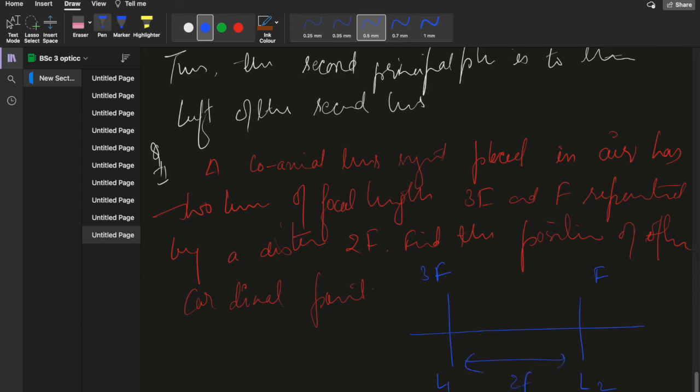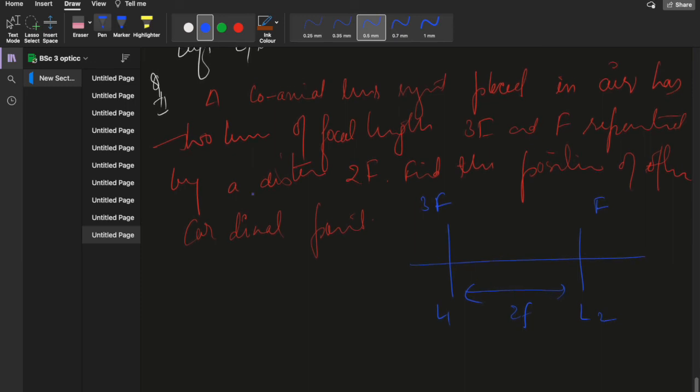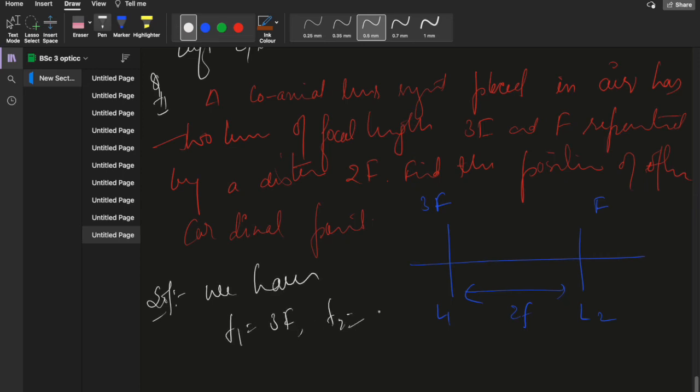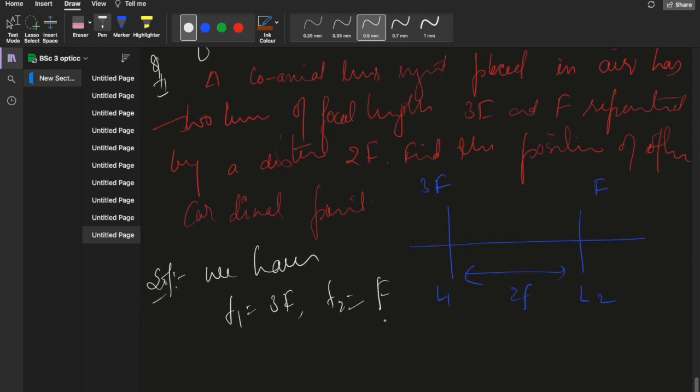We need to calculate the position of the cardinal points. So if we solve this, f1 is 3f, f2 is capital F, and the separation d is 2f.